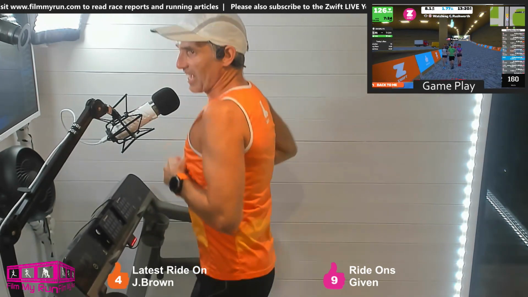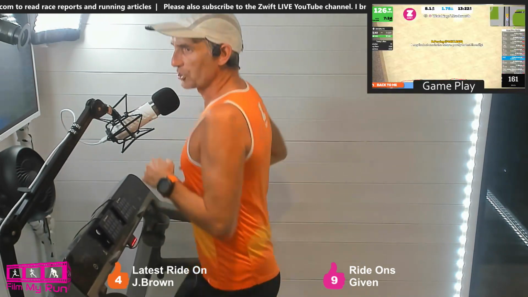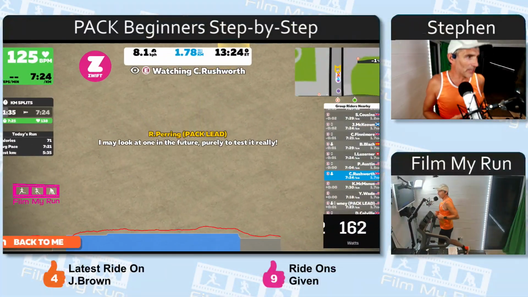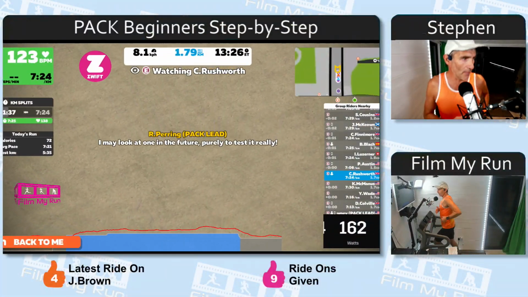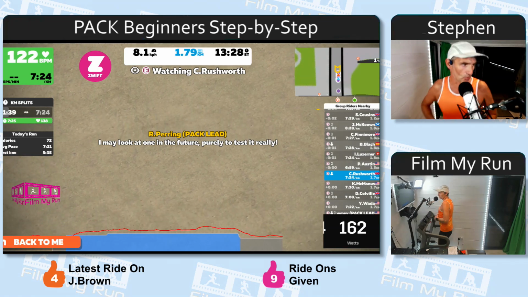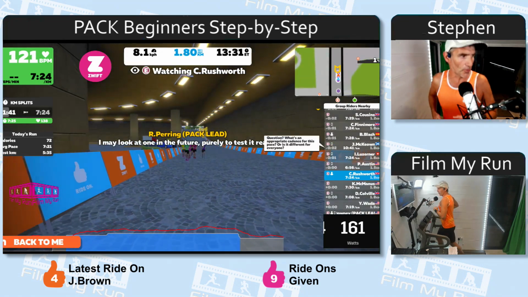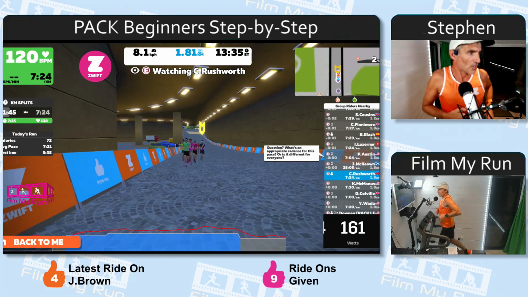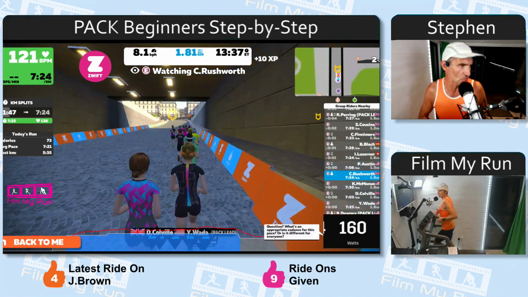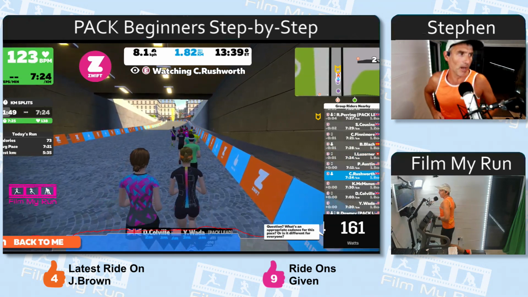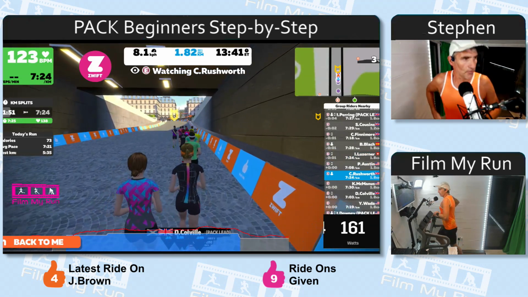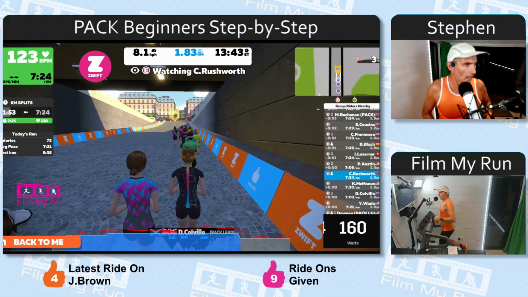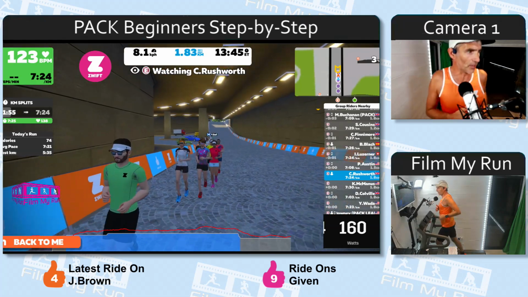Simon Brooks says, how often do you change your trainers? And what are you currently running in? Do you have different for indoors and outdoors? I've done 533 kilometres in my Asics GT 2000s, so should I think about changing them? Okay, so first question about the trainers I currently am running in.